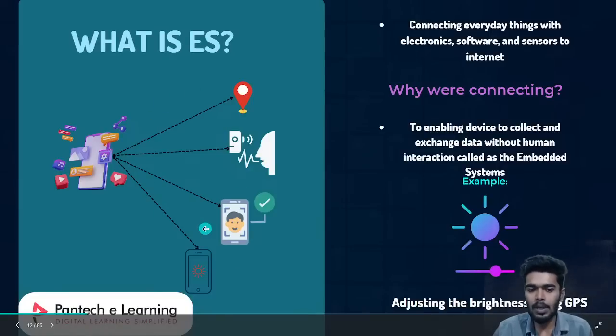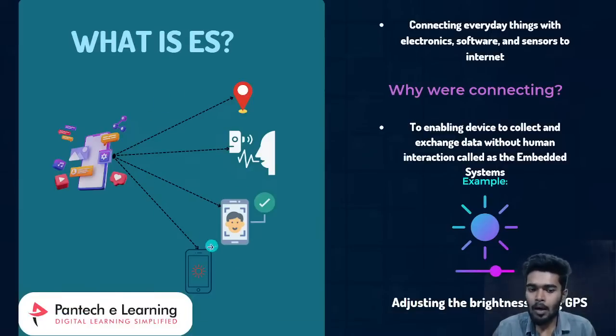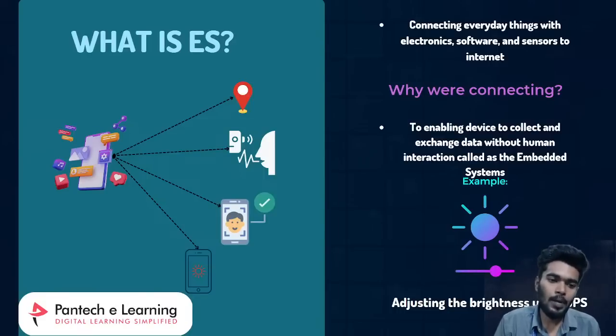These all come under embedded systems only. How it works? For a simple example, my phone brightness is adjusted as per my GPS location. That is what an embedded system is. There is no requirement for human interaction, and automatically the embedded system will collect and exchange the data to do some specific operation or multiple tasks.